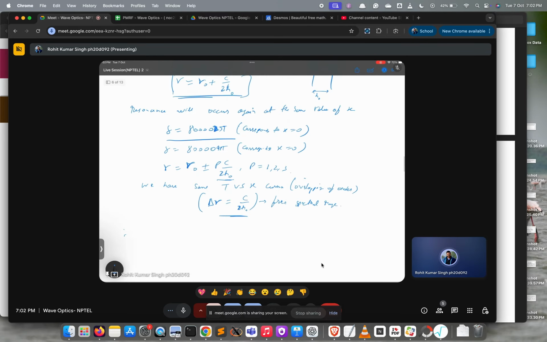Okay, what I mean is, suppose, let me draw the t versus x curve. So earlier, at x equal to 0 we got a peak. Then at x equal to 250 we will get another peak when we increase it.